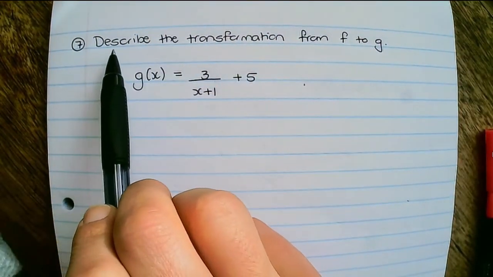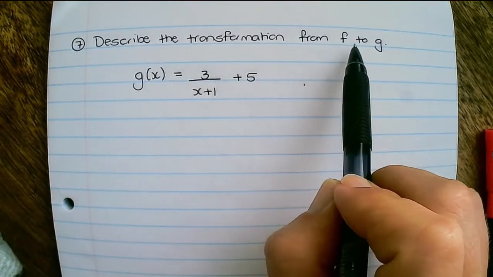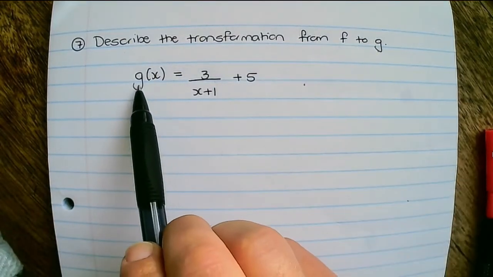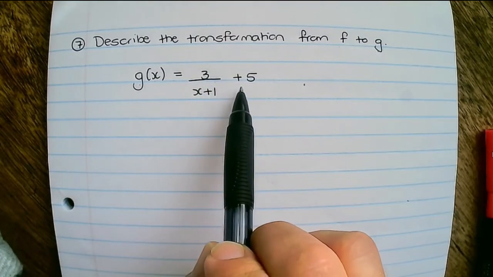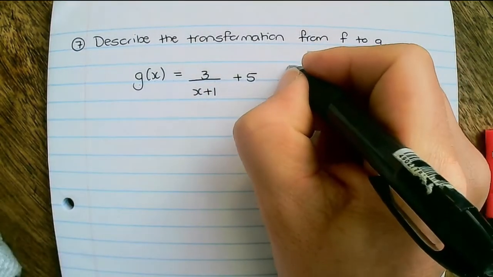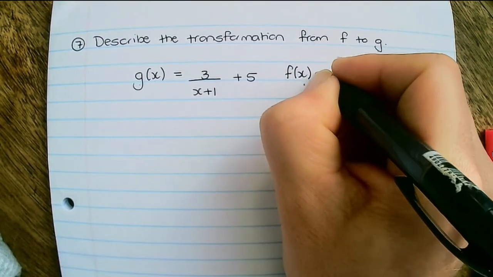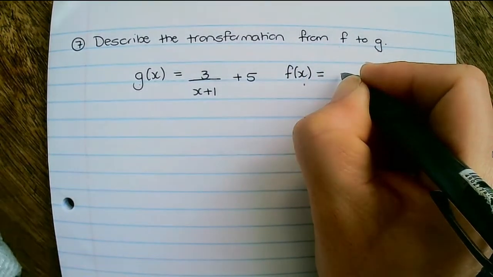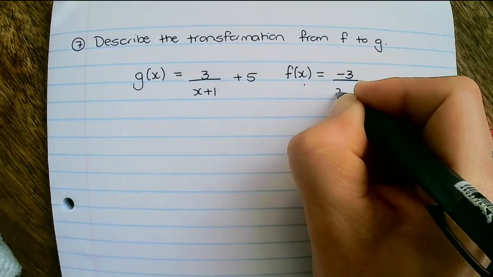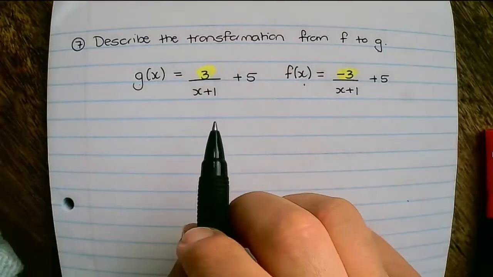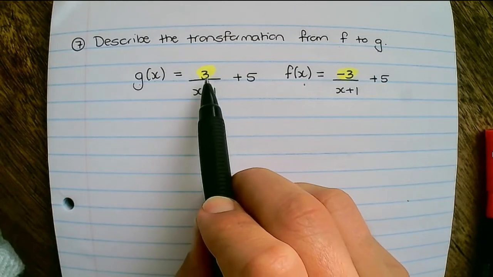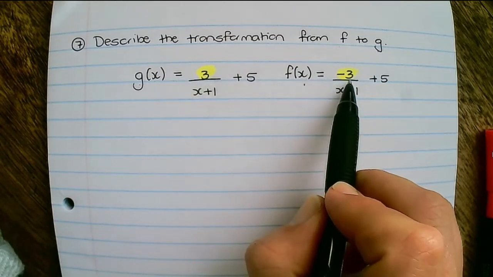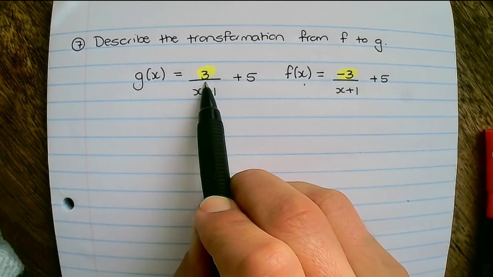Next up, we want to describe the transformation from f to g. So here we have g(x) is equal to 3 over x plus 1 plus 5. And the simplest way to describe a transformation is to write both equations next to one another. And what I can see is that the only value that changed is the a value.